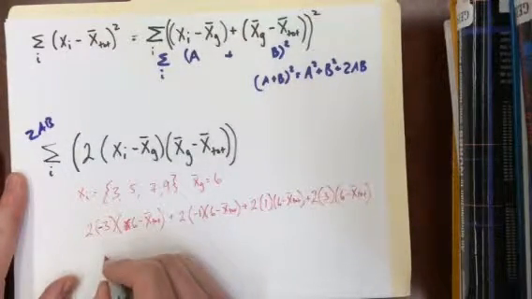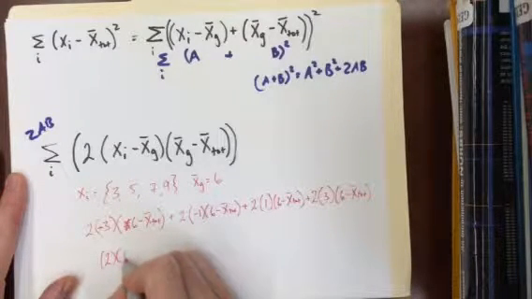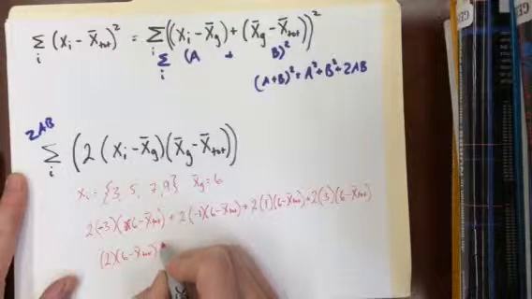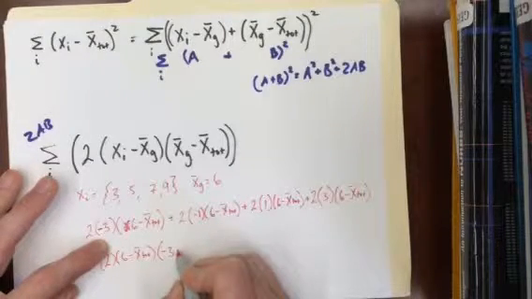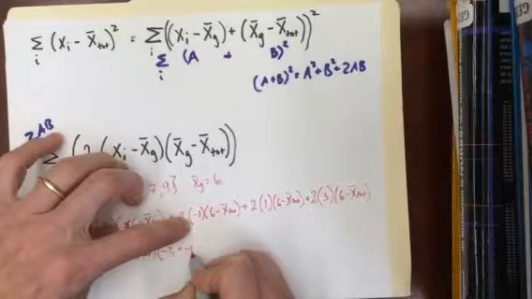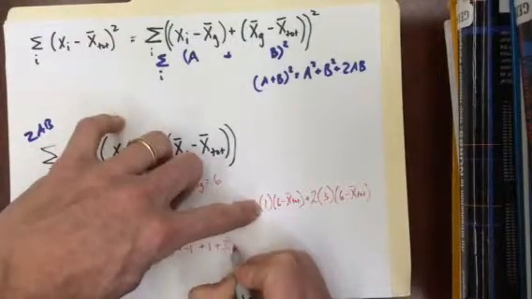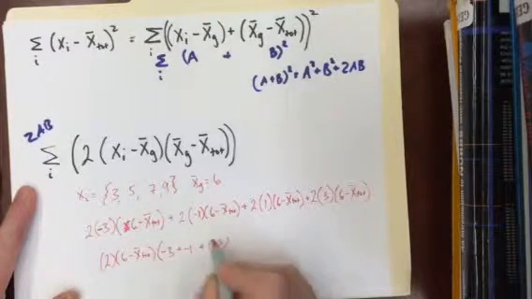So we have 2 times 6 minus x bar total times negative 3 plus negative 1 plus 1 plus 3. And this is 0.